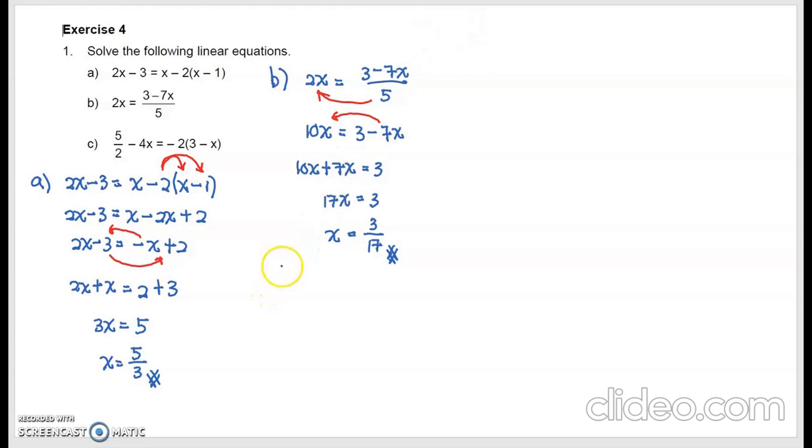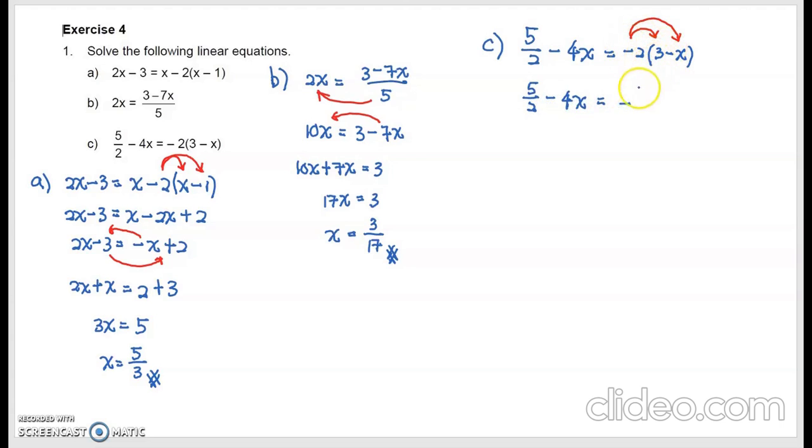Now we look at C. 5 over 2 minus 4x is equal to negative 2 times 3 minus x. Again, we try to solve for the bracket. Negative 2 times 3, negative 2 times negative x. So next step, 5 over 2 minus 4x is equal to negative 2 times 3, negative 6, negative 2 times negative x, positive 2x.